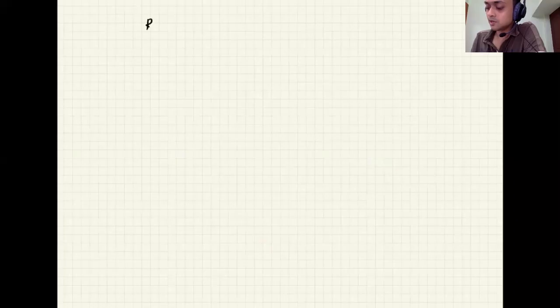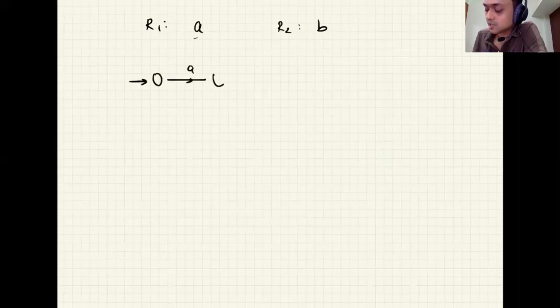Say suppose R1 was A and R2 was B. Okay, just to start off with. What will I do? R1 will just be like this. The NFA for R2, the N2, will just be this one. Okay. Now what is R1 dot R2? AB, right? What is the previous construction?